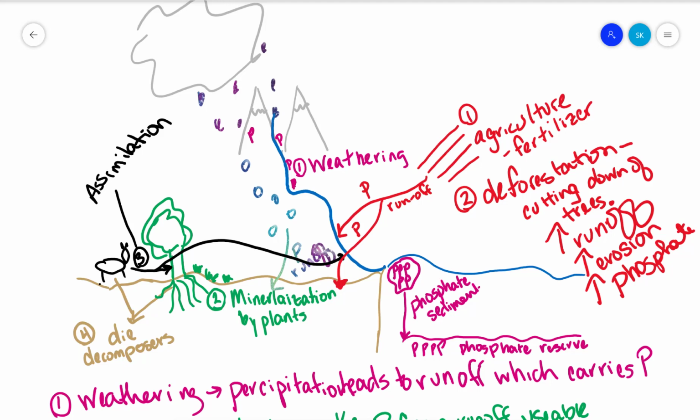So just by cutting down trees, we increase runoff, increase soil erosion, increase phosphate. So we take what should be a slow weathering and we turn it to a very, very speedy process.